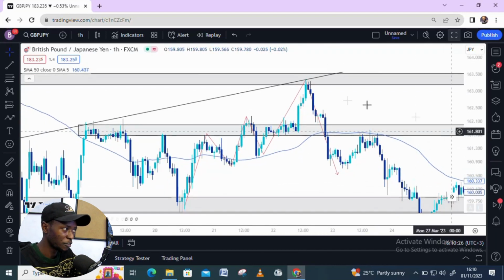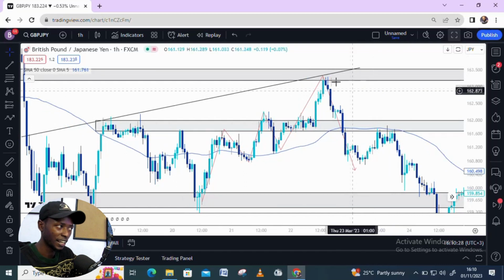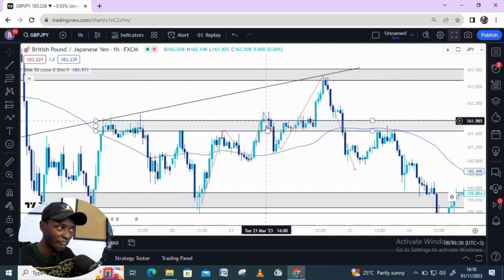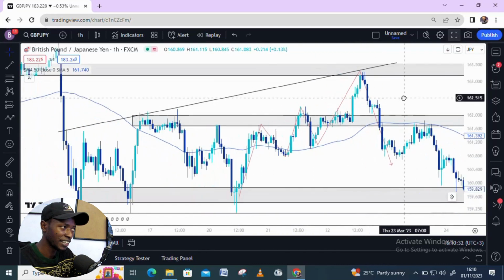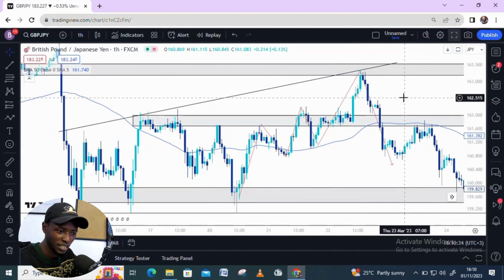So we first identify the trend. After identifying the trend, a tip: trends and support and resistance work best where the two meet, which is a very strong resistance zone or support zone.